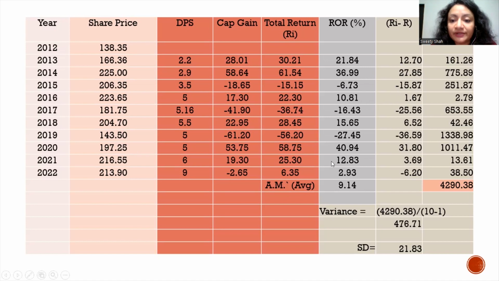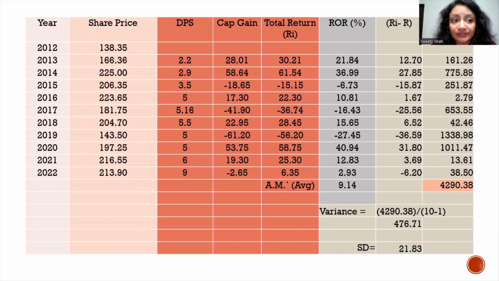Next one would be 10.81 minus 9.14, so 1.67. Again, here the negative returns are there. So minus 16.43 minus 9.14 would be minus 25.56, and so on till the last observation, which is 2.93 minus 9.14. So this would be minus 6.20.